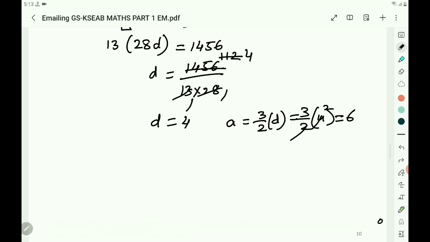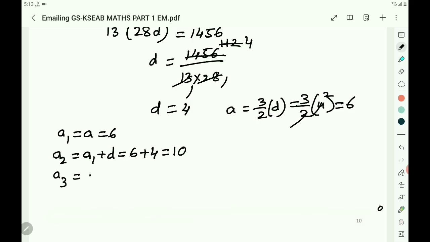Find a1, a2, a3, a4. A1 is equal to a, which is equal to 6. A2 is equal to a1 plus d. A1 is 6, d is 4, 6 plus 4, 10.